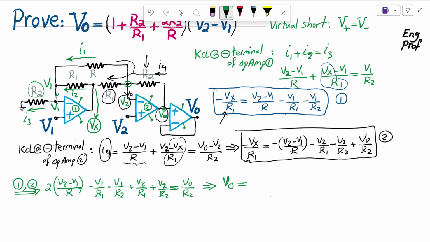So Vout is equal to, as you can see, we get V2 minus V1 factored out, and then we have 2 times R2 over R1 over R, so 2 times R, and then as I said we are multiplying with R2, and then we have V2 minus V1, which is factored out, and it becomes R2 divided by R1, and finally R2 divided by R2, which is 1.